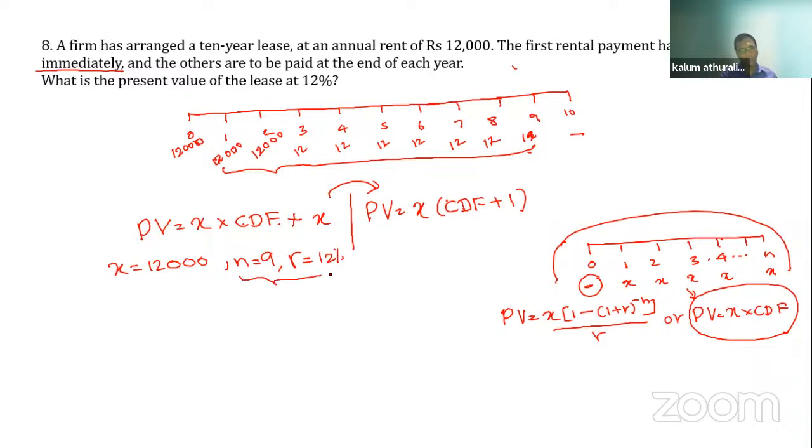Using these two values, we can find the CDF. We know how to find the CDF. Right. Then the CDF is 5.328. Is it correct?